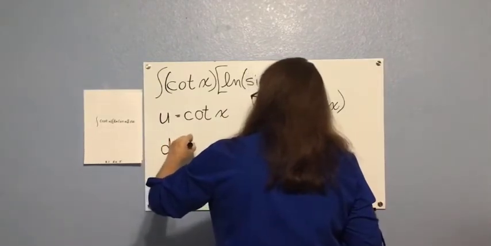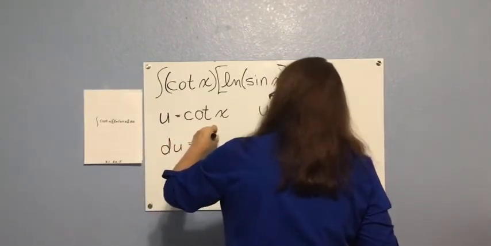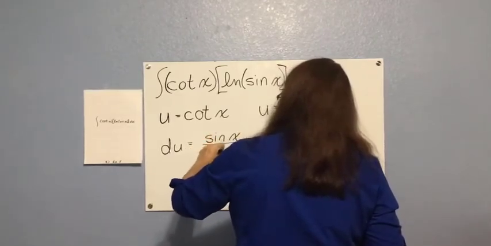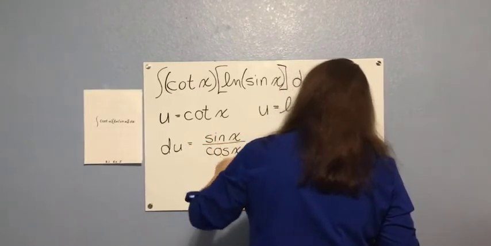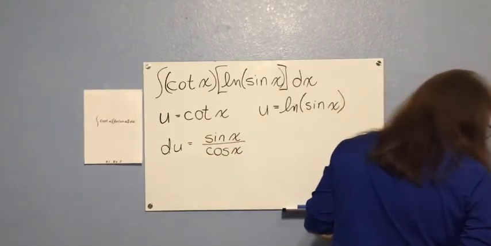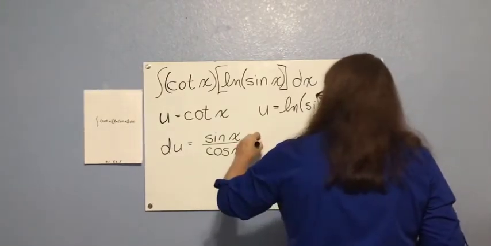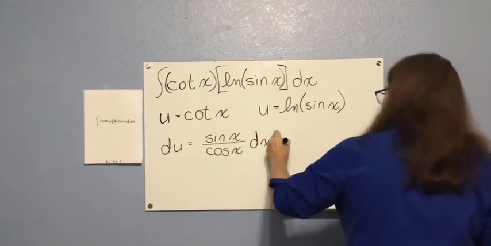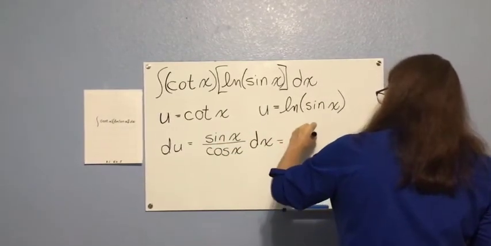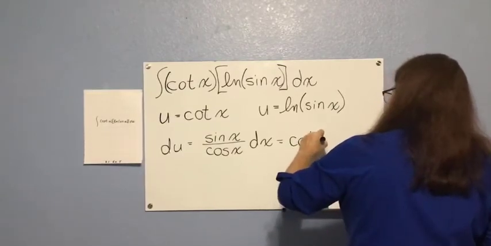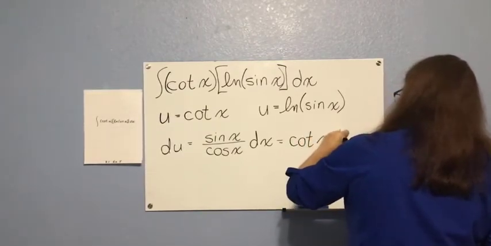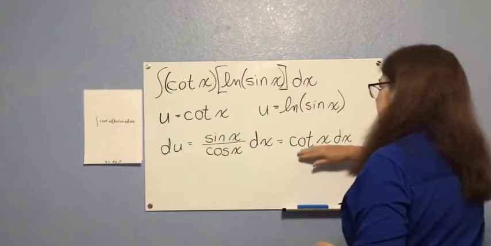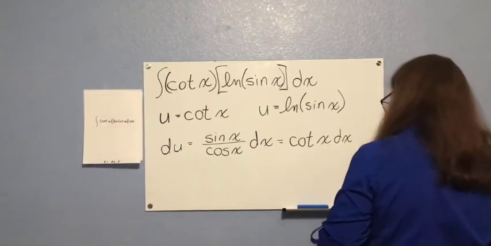Looking at those two possibilities, if I chose u equals cotangent x, then I have a little difficulty with du. But if I choose this one, u equals natural log sine of x, then du will equal, and of course, cosine of x over sine of x is cotangent x. So this is the one that's going to work for us.